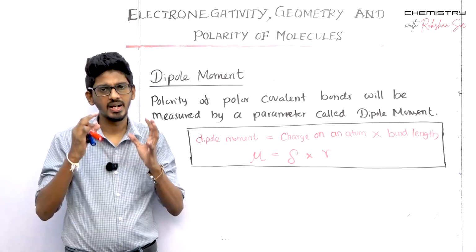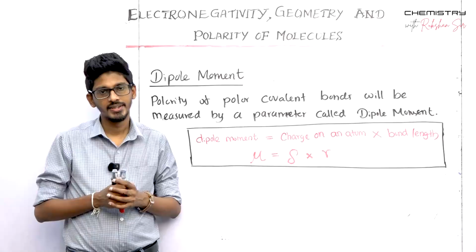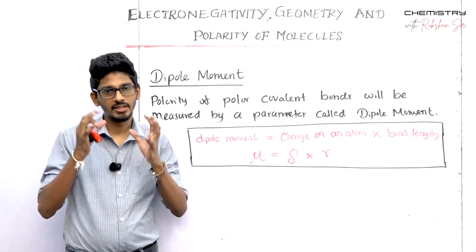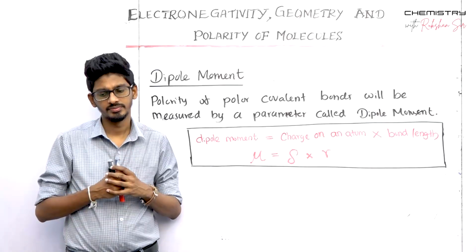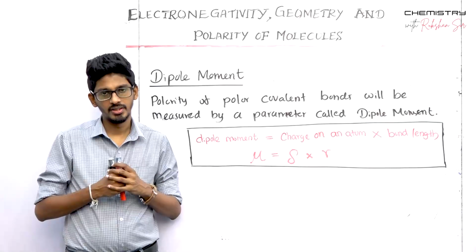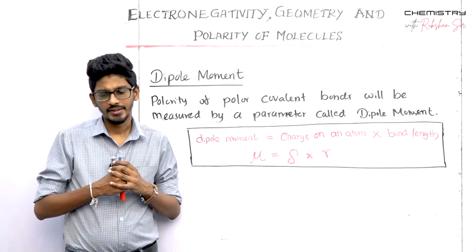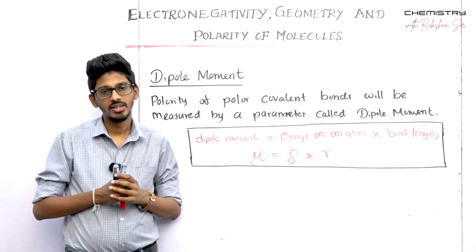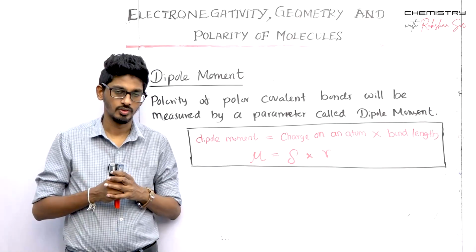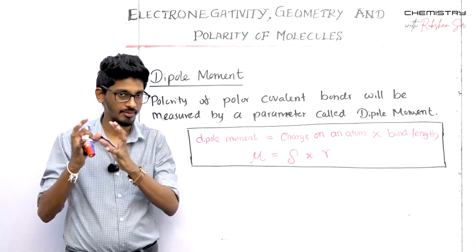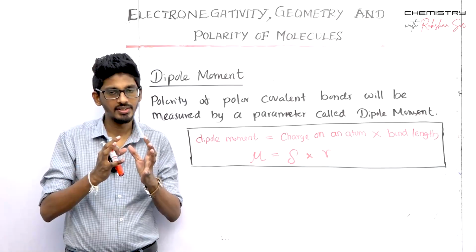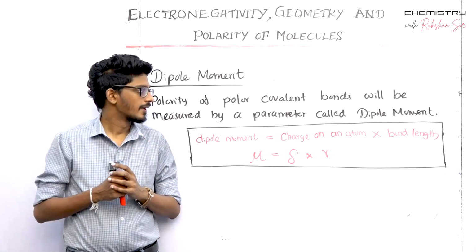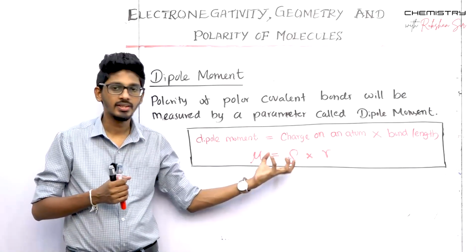Vectors are parameters with a measurable value, a magnitude, as well as a direction. So for some parameter to become a vector, it should have magnitude and a direction. So the magnitude will be calculated by this equation.